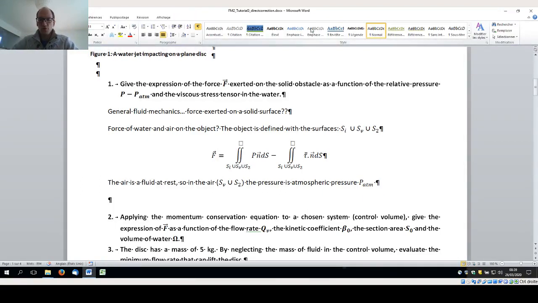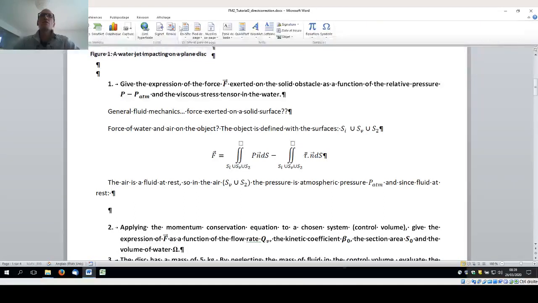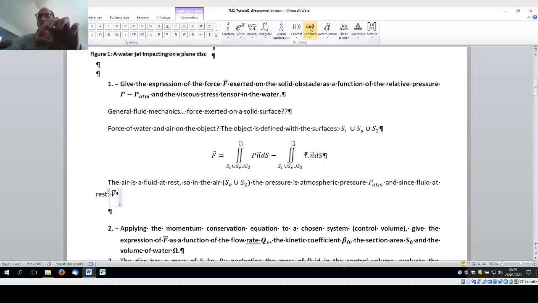And we also have one property associated to the fact that the fluid is at rest. By definition, this means that the velocity is equal to 0.